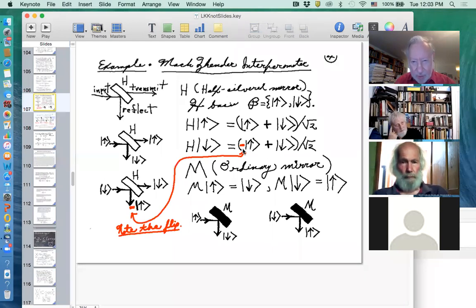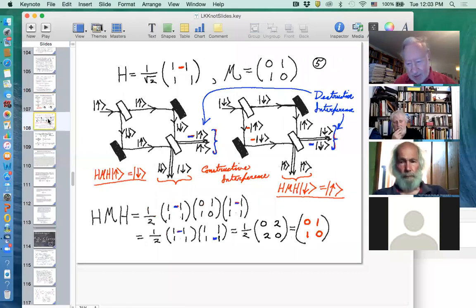If you like that better, then you can go ahead and do the calculation using that, and you will find that everything behaves very similarly. When you do a Hadamard, the half-silvered mirror, then an ordinary mirror, then a half-silvered mirror again, and you compose the matrices, you get an anti-diagonal matrix. That means that if you had a spin up going in, you'll have a spin down going out.